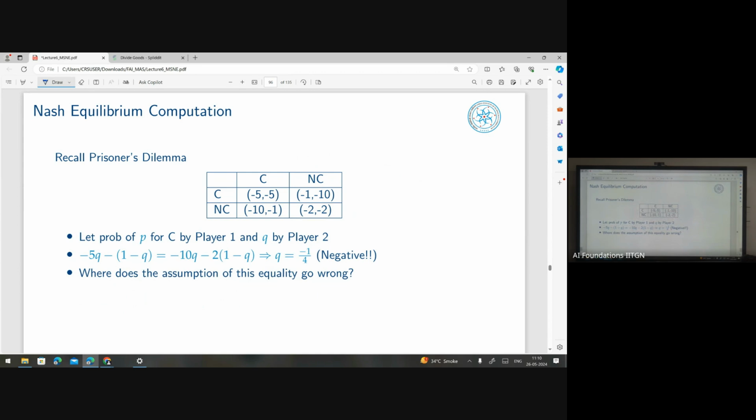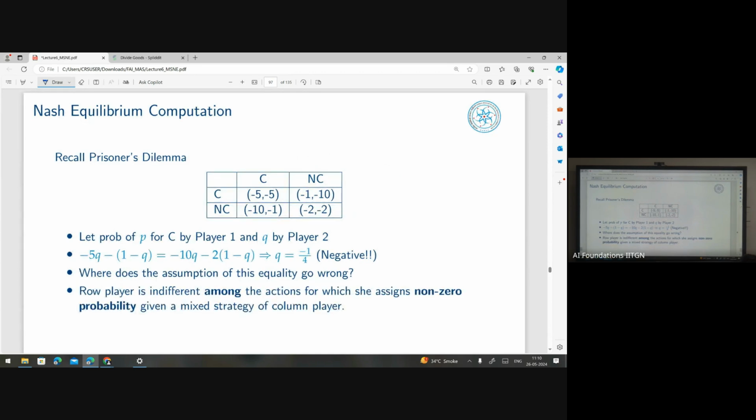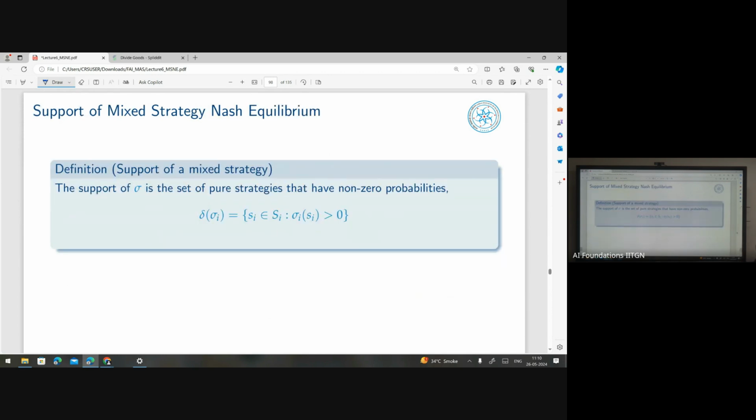So let's move ahead. Row player is indifferent among the actions for which she assigns non-zero probability given a mixed strategy of the column. This is the assumption which is flawed. So the row player is not indifferent because there is a dominant strategy. So now we have to come up with what is known as the support of the mixed strategy Nash equilibrium. Support is essentially the set of pure strategies that will have strictly positive probability.